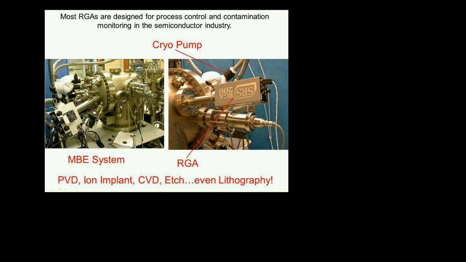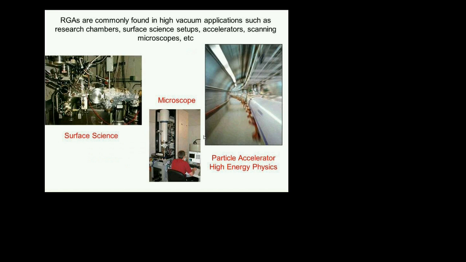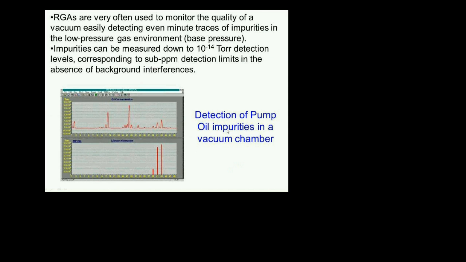Here's an RGA connected to a molecular beam epitaxy system. Here's another RGA connected to a cryopump station for a large ion implantation system in somebody's lab. RGAs also find applications via direct immersion in surface science, in electron microscopes, in particle accelerators. So this is a very common application of RGAs in which they are directly immersed in a vacuum system.